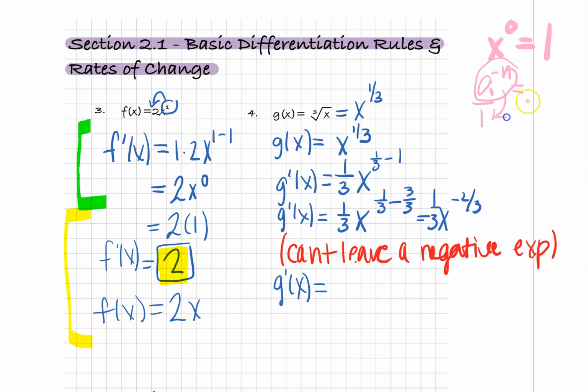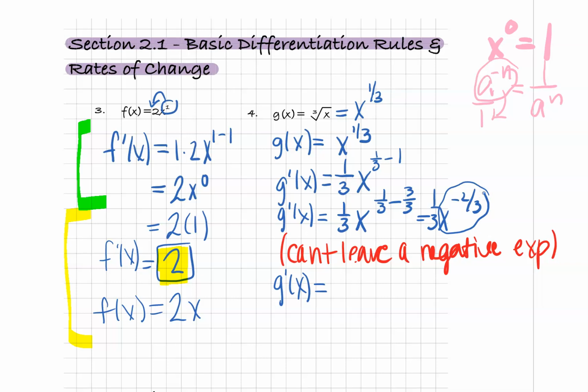So I would take this and move it to the bottom. Now I always say move it because if you have anything else within the problem, it would need to stay where it is. So back to our original problem down here, I'm going to now take this x to the negative 2/3.